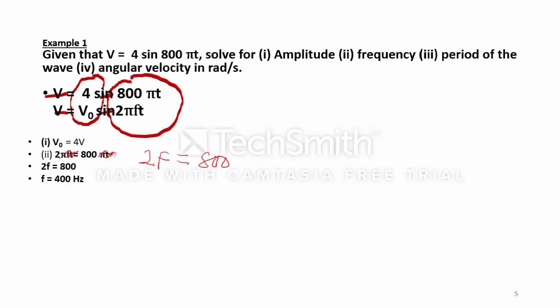Remember, period T equals 1 over f. So when we substitute the value of f into the period, we have 1 over 400 seconds. So that's the solution for the period. Angular velocity: remember I made mention that angular velocity omega equals 2 pi f. So we have frequency to be 400, and we have pi here and 2.